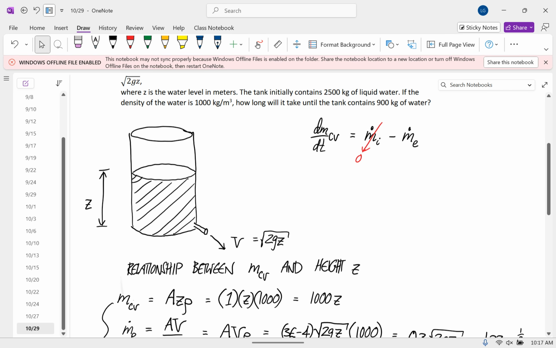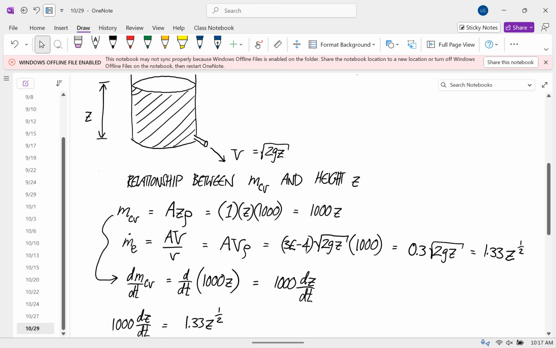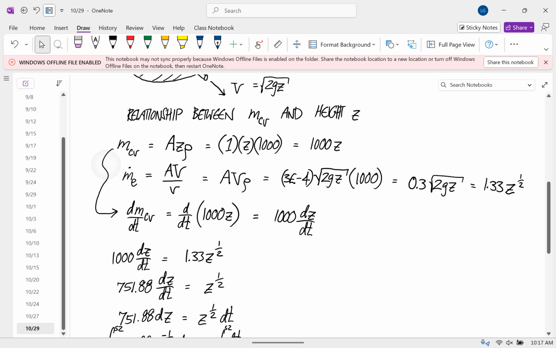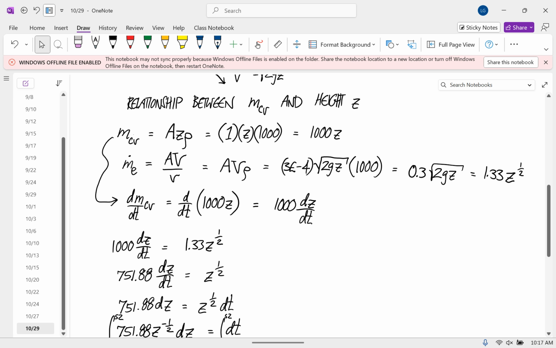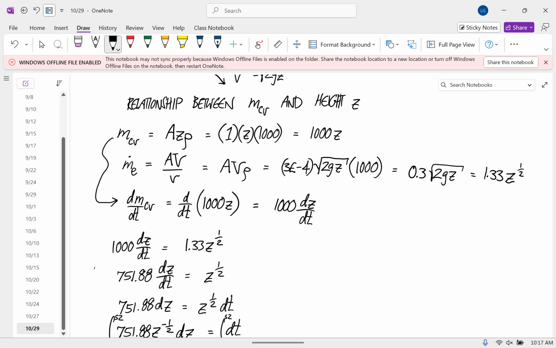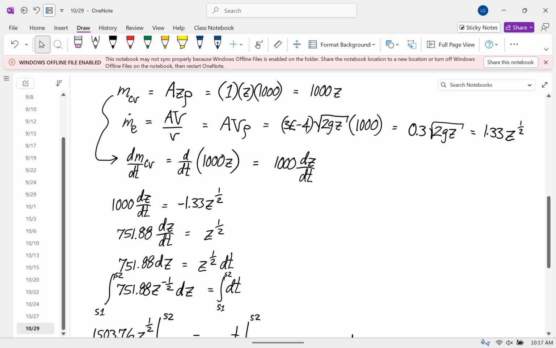I'm missing a negative sign here. This whole thing I'm missing this negative sign, so sorry about that. Our dm/dt is 1000 dz/dt. This is our m dot exit, so this needs to be negative. Okay. And so we have negatives everywhere.